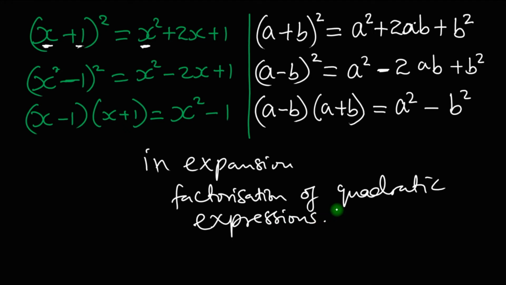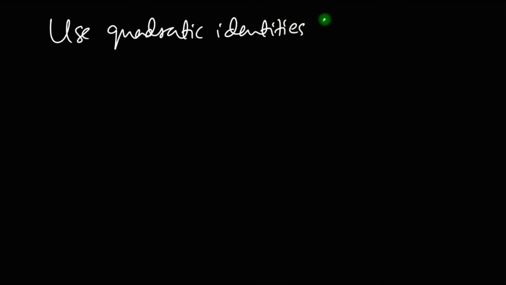Then from there, now I want us to apply quadratic identities in the expansion of the following expression. So we are going to use quadratic identities to expand. So we can have the first example.